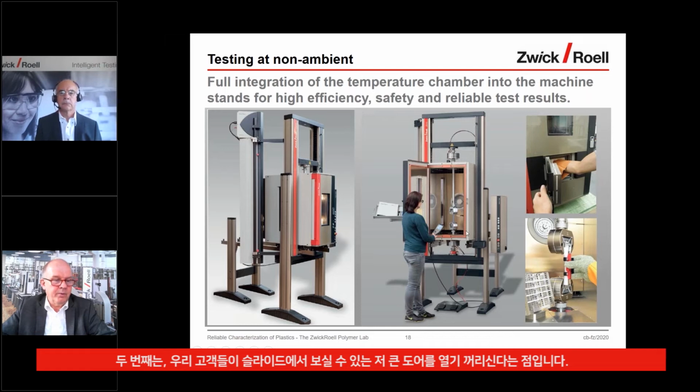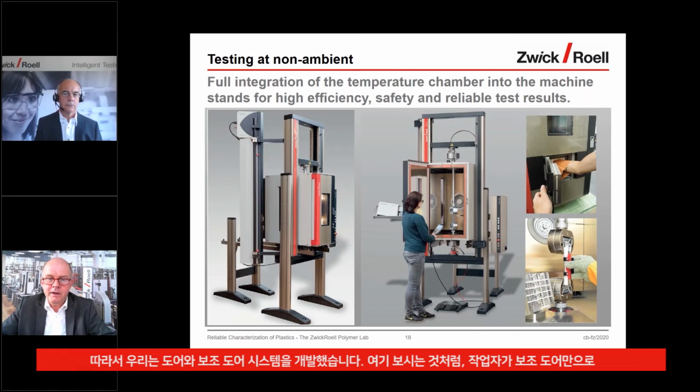Another point is our customers wanted to avoid opening the big door that you see here in the front of the temperature chamber, as you lose all the cold if you open it, and it increases your consumption of liquid nitrogen.